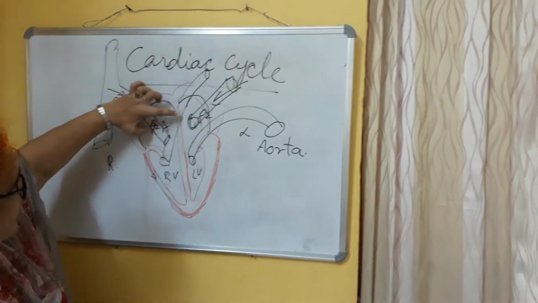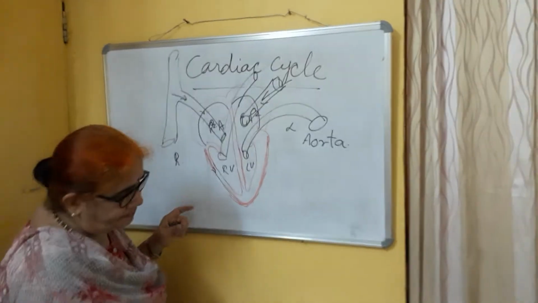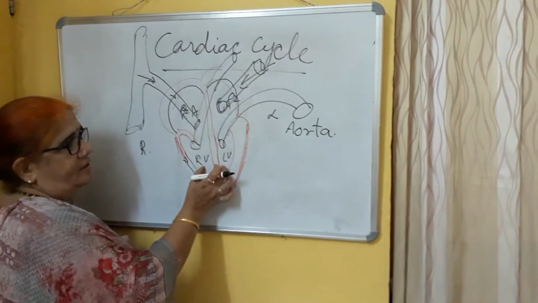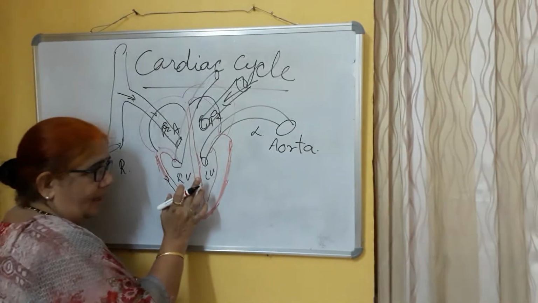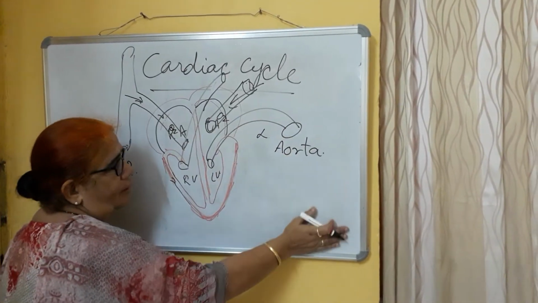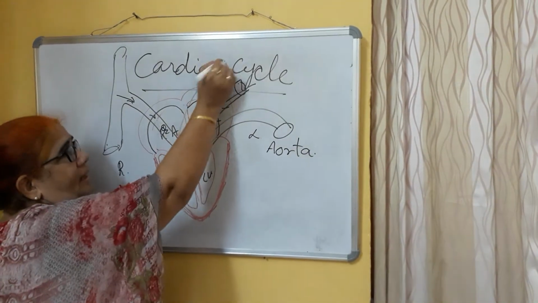And the second point is auricles are receiving and ventricles are sending. These two are distributing chambers. Distributing means the left ventricle is sending blood through the aorta to the whole body, and the right ventricle is sending the blood to the lungs.